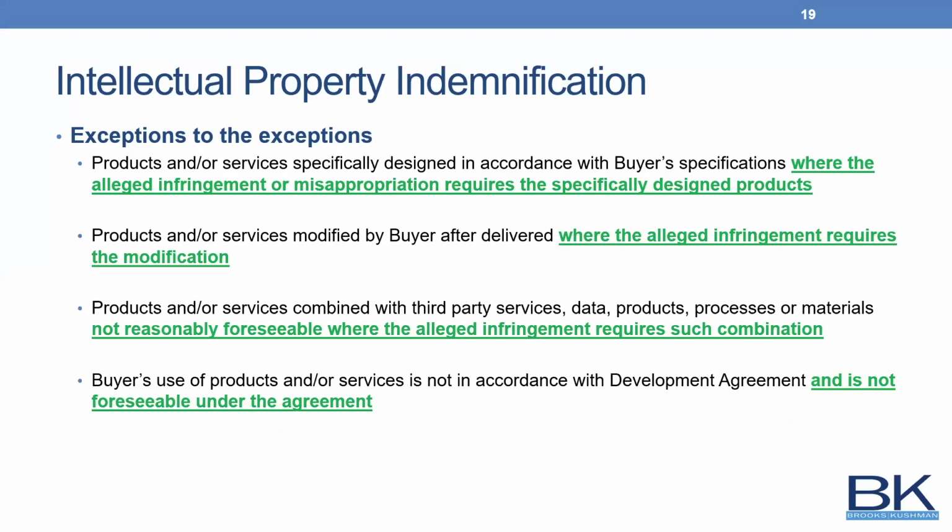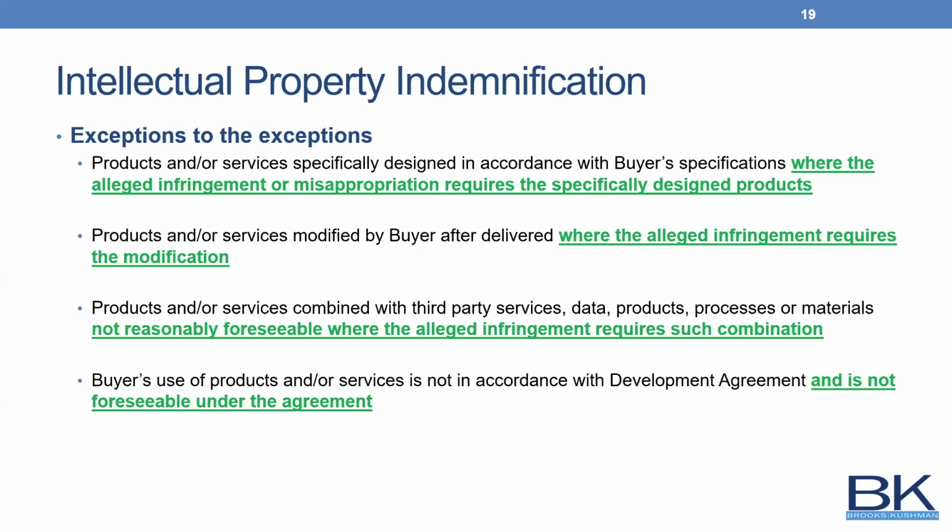So if there's something else that gives basis or the premise for the allegation of infringement, then maybe that should be outside the scope of the exception. There's some proposed language in there to address that exception to the exception.